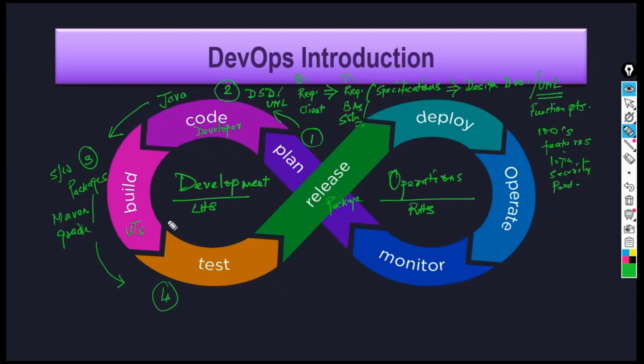Unit testing is the peer-to-peer reviews and peer-to-peer testing between the developers. But here there will be SITs, performance testing, security testing. This is system integration testing, performance testing or load testing.